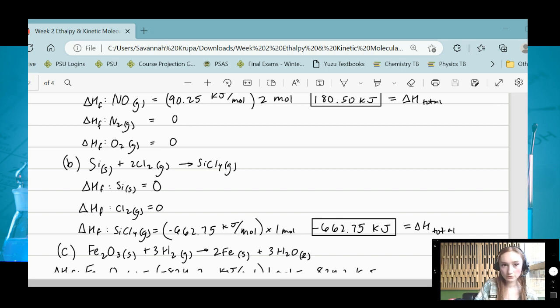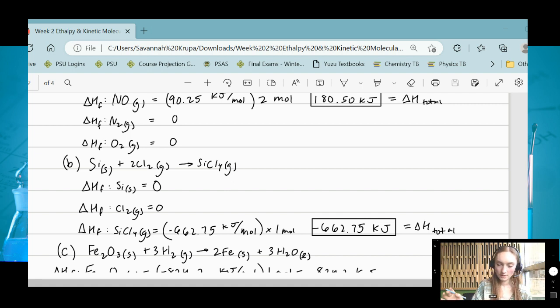Make sure you write down the state of it, whether it's a solid, liquid, or gas, because if we're having water as a gas or a liquid, that's going to change the formation value of it. So hydrogen gas, and then we have iron, and we have water.